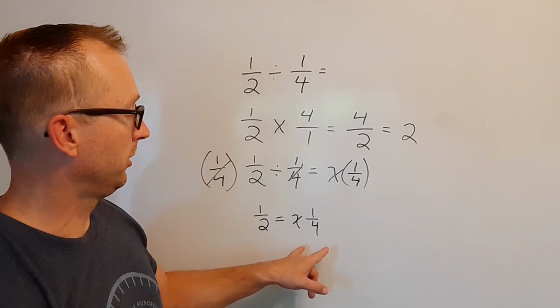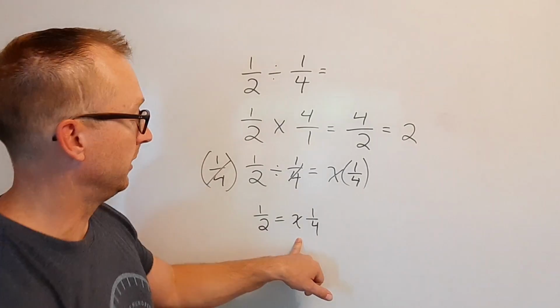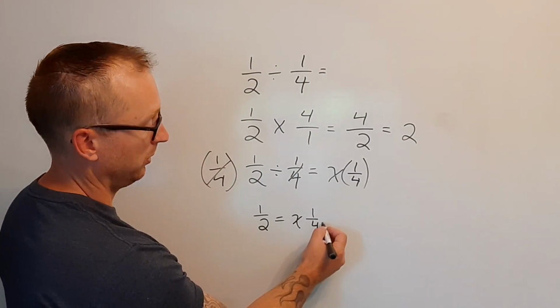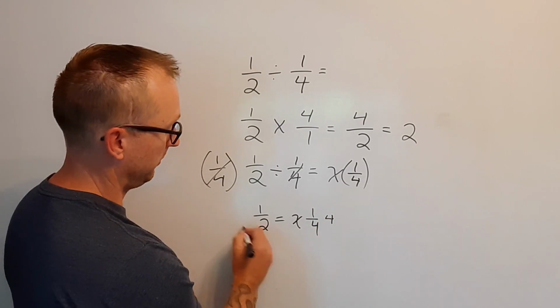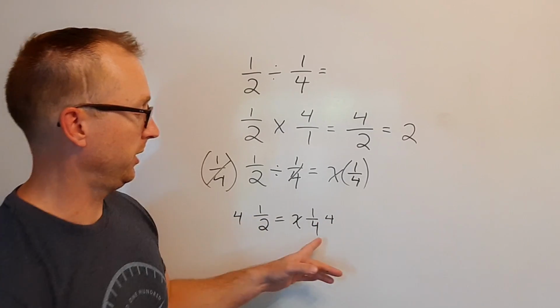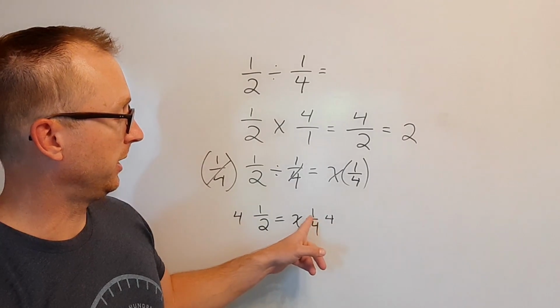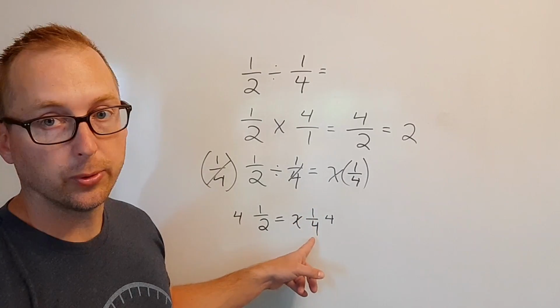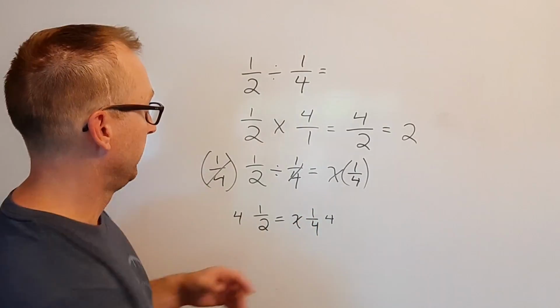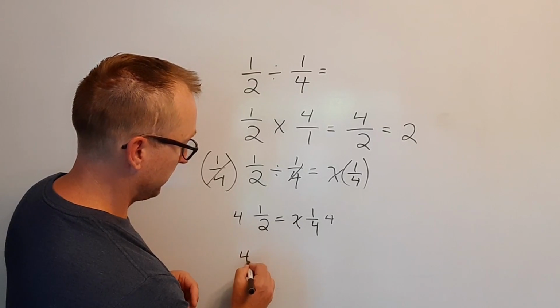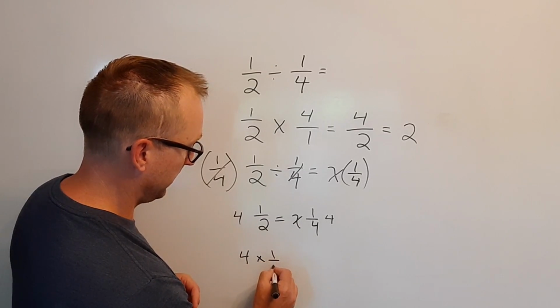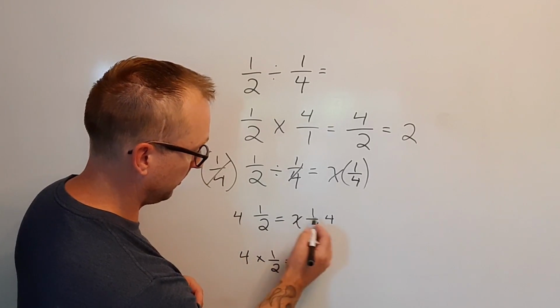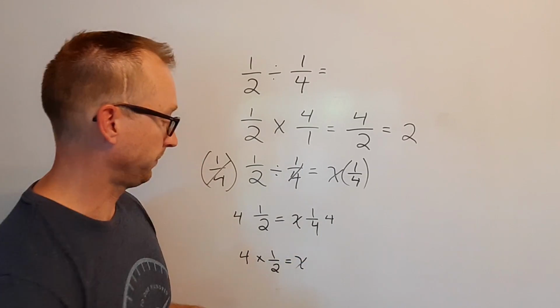And then to get x by itself again, we have to multiply both sides by 4. And the reason we do this is so we cancel this fraction out, because 4/4 is equal to 1. So then we're left with 4 times 1/2 equals x.